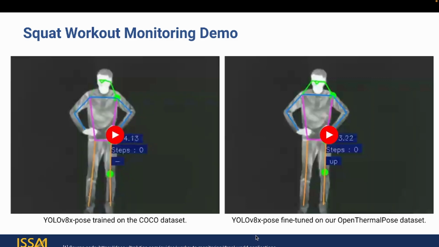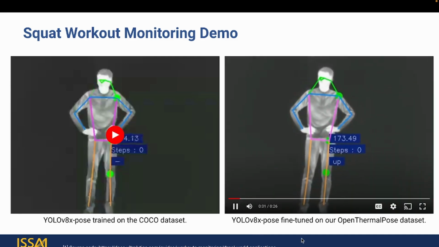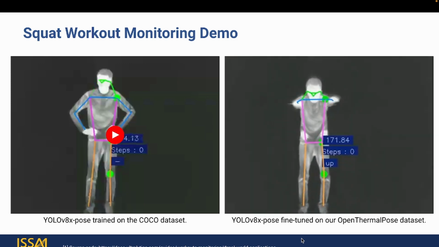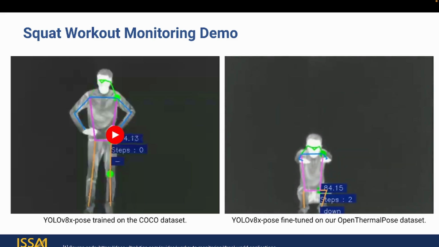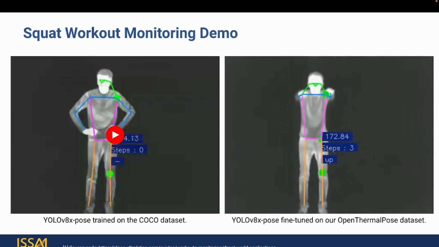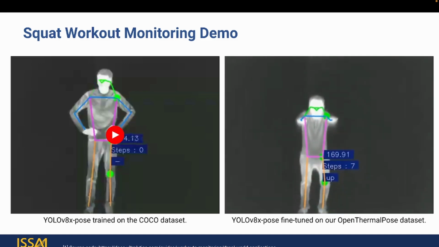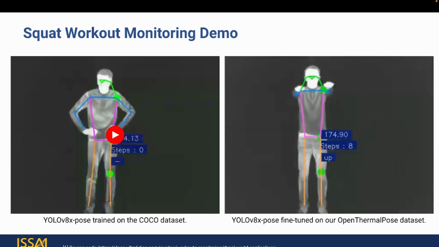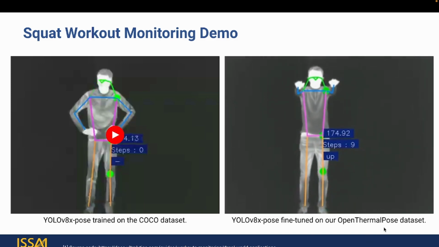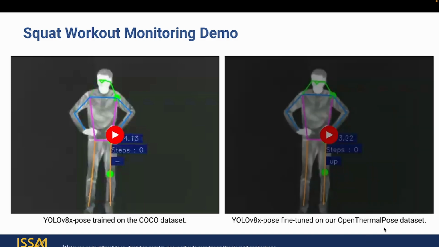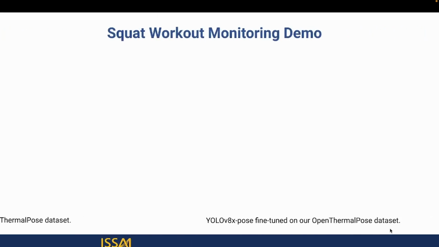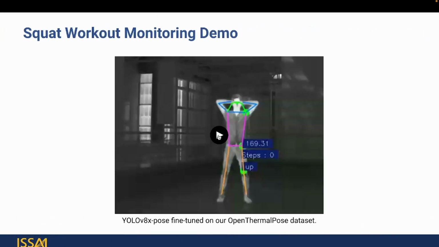Now, YOLOv8-Pose fine-tuned on our OpenThermalPose dataset.